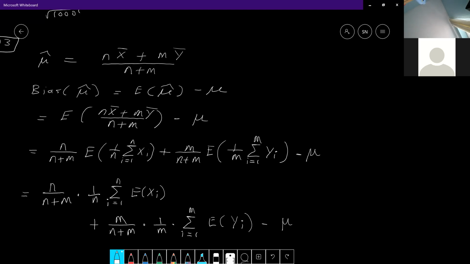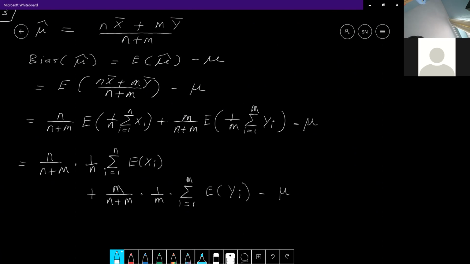Now we are assuming that the expectations are all equal to mu, right? So that means n over n plus m times 1 over n times the sum from i equals 1 to n of mu, right?